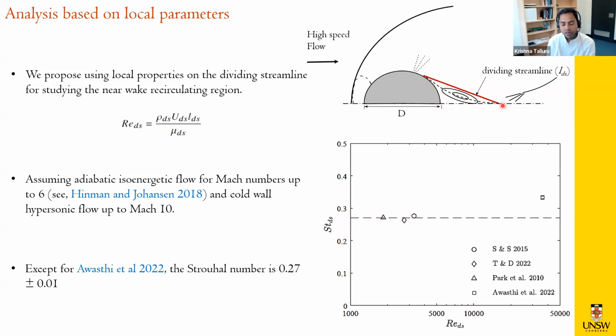And so it becomes very difficult. The uncertainty is much, much larger in finding the dividing streamline. So we are of the opinion that we can still use the cylinder diameter, and you can still get a very good agreement for the revised Strouhal number definition.